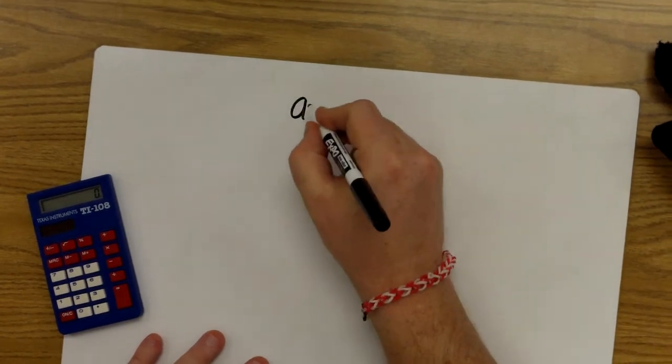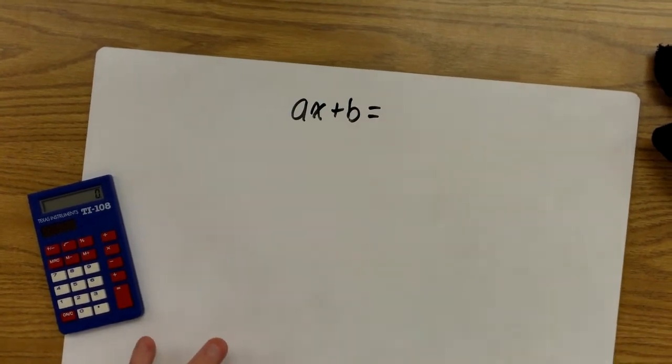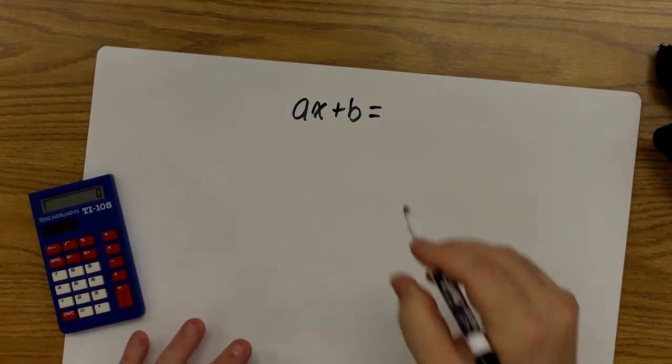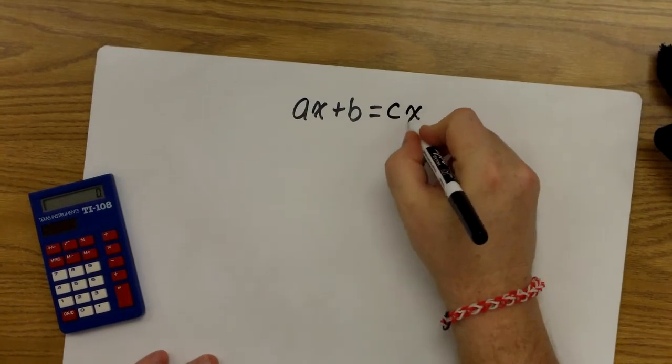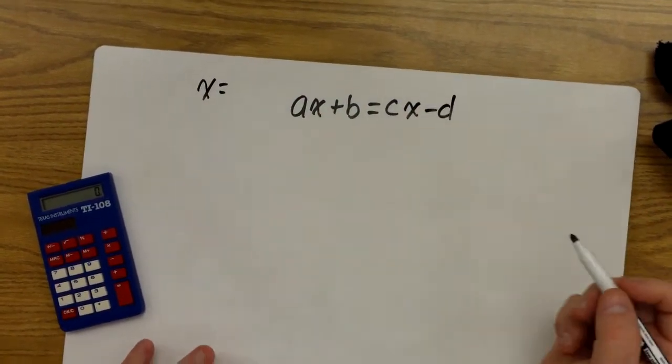Let's do AX plus B is equal to CX minus D. And we're still going to solve for X, so we want X equals by itself.